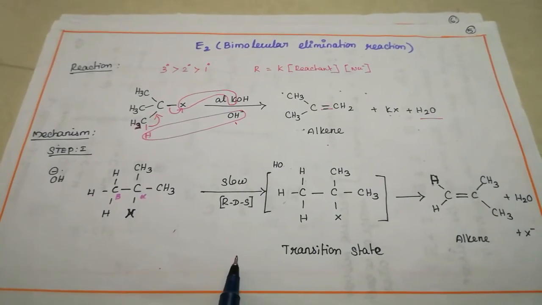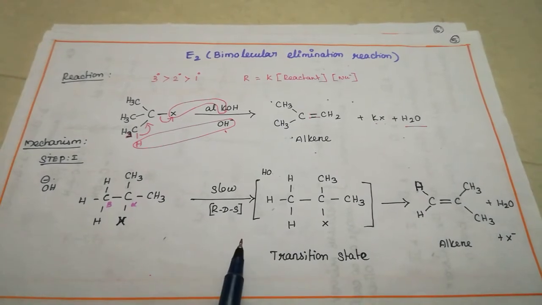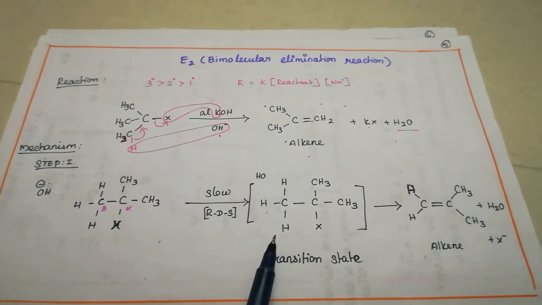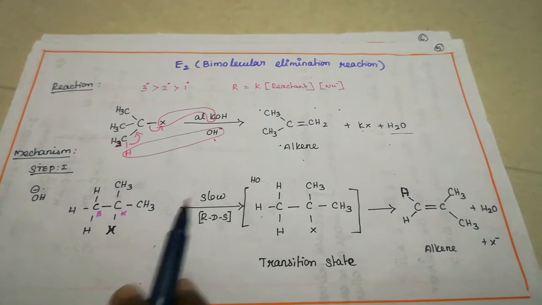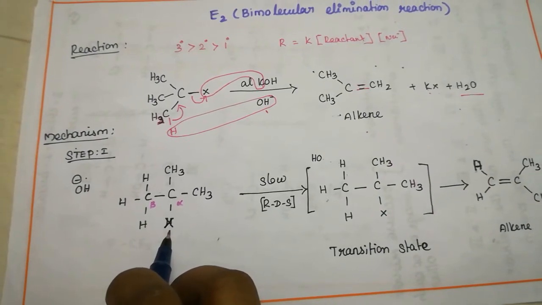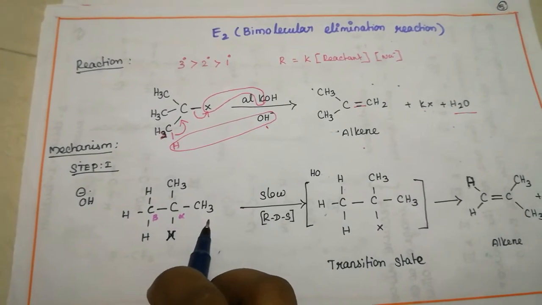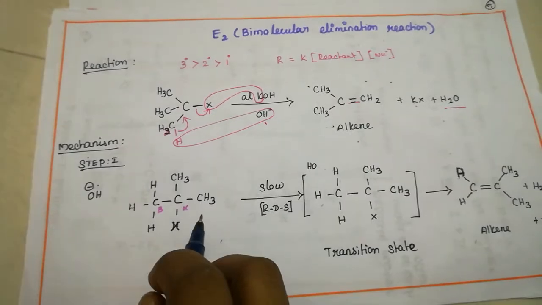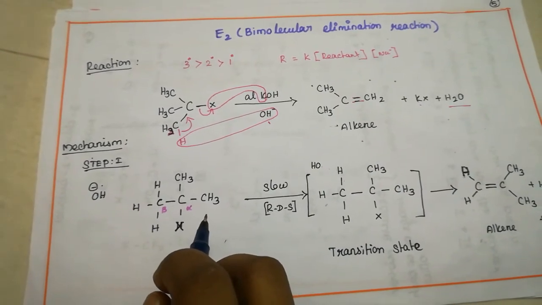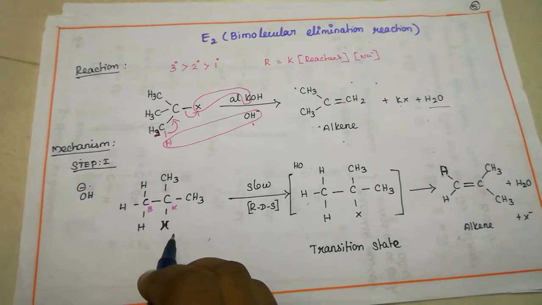Here E1 and E2 have the same mechanism, but E2 elimination occurs in a single step and bond breaking is simultaneous. Let's see this mechanism. It explains the E2 elimination reaction clearly. So I picked up a tertiary compound.